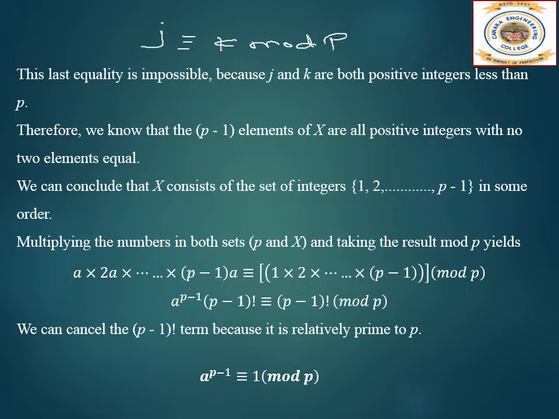Now I can write this as a^(p-1) × (p-1)! congruent to (p-1)! mod p. We can cancel out the (p-1)! term because it is relatively prime to p. So we have proved that a^(p-1) is congruent to 1 mod p. This is Fermat's theorem.